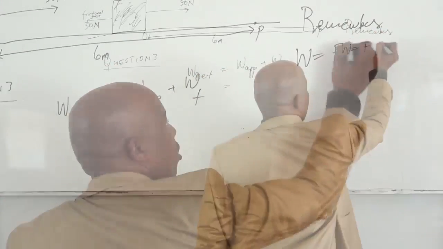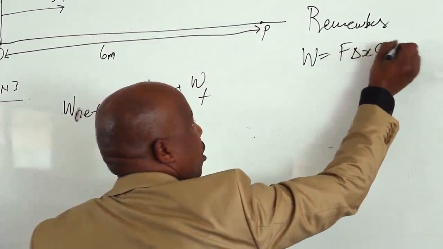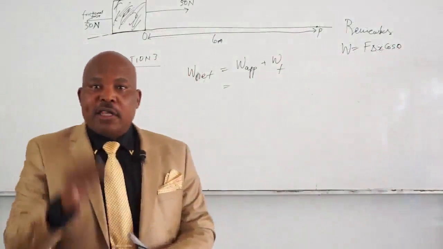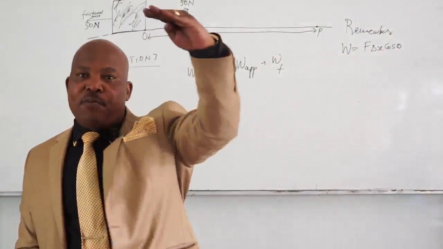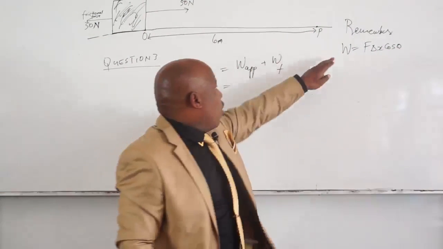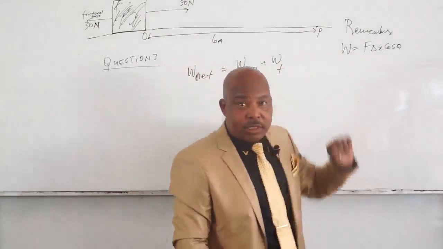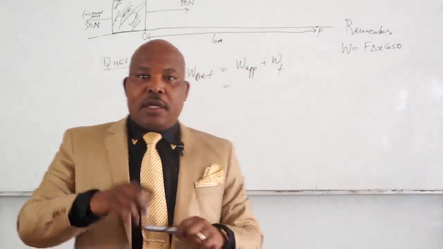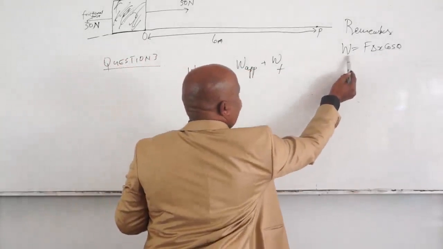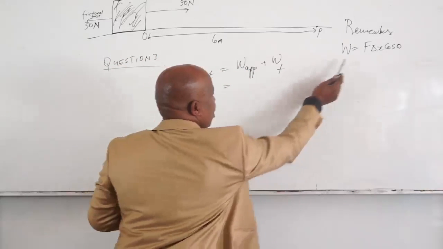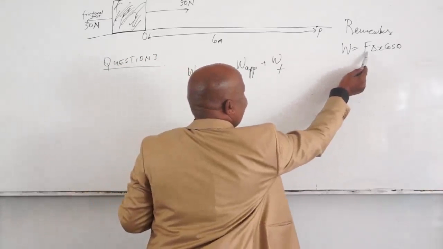W equal to F delta X cos theta. On the formula sheet above, work, energy, and power, the first formula given is work equal to F delta X cos theta. What you do is, if you want applied, you just put applied here, applied on the force and on the work. If you want frictional force, frictional, and then frictional here.